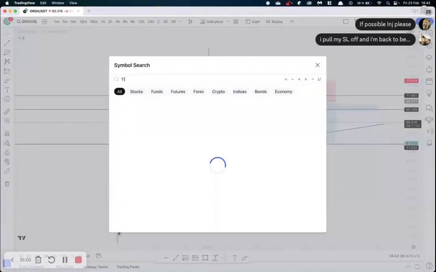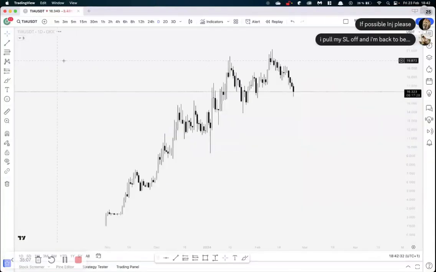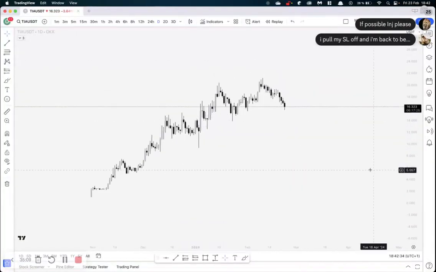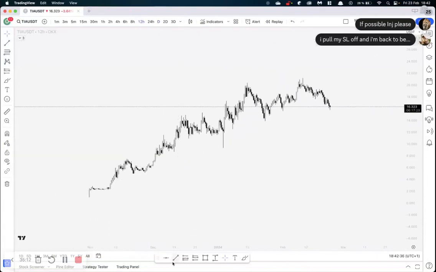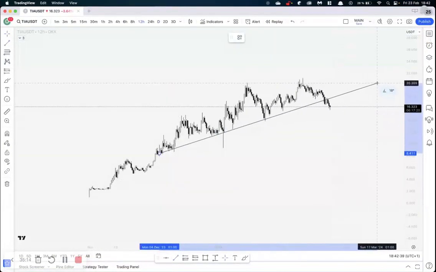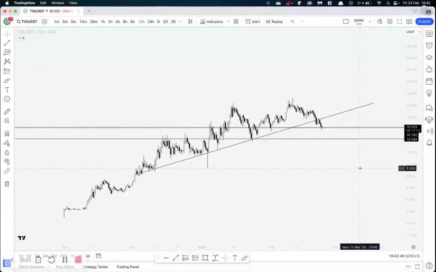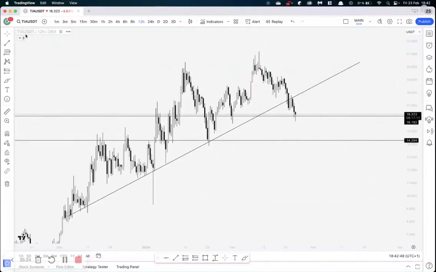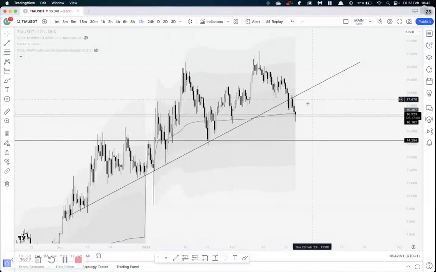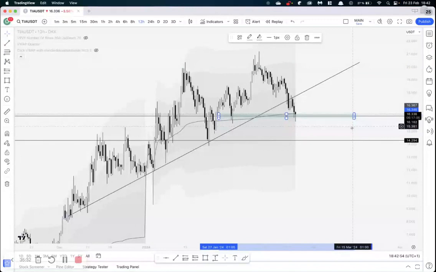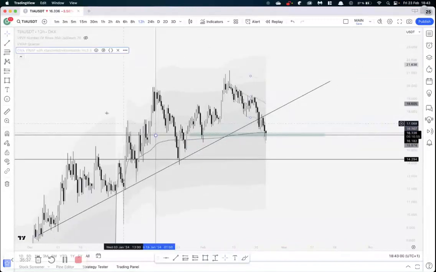TIA chart, please. Yeah, sure. Sitting around VWAP up here. Same below there.